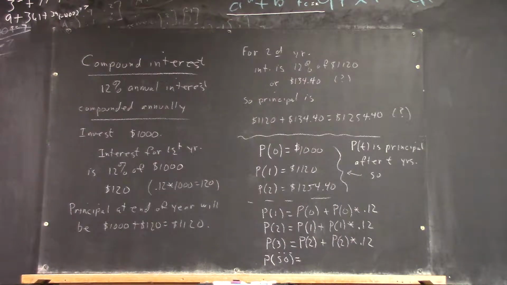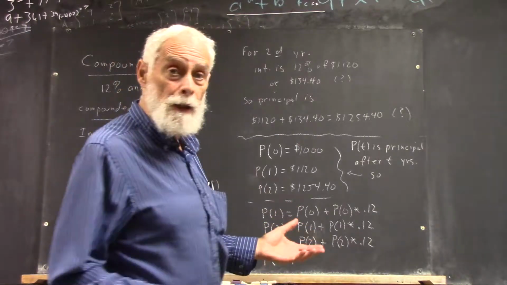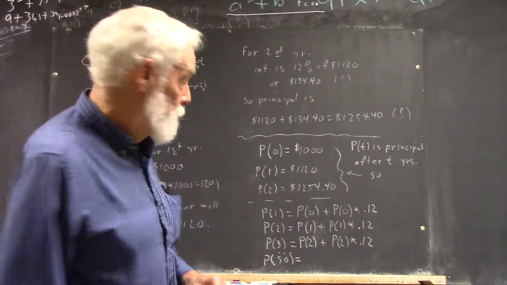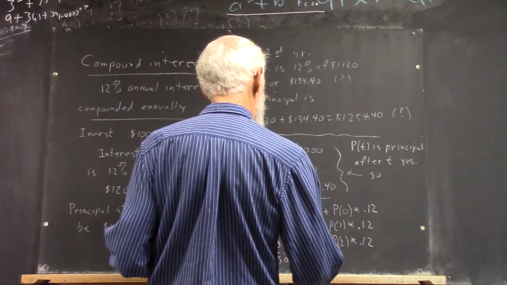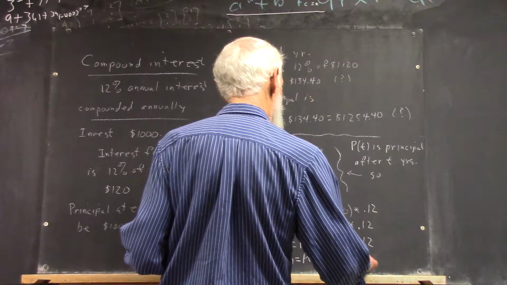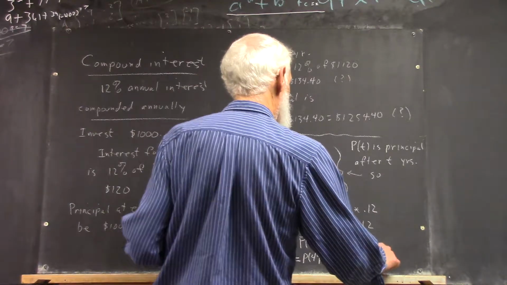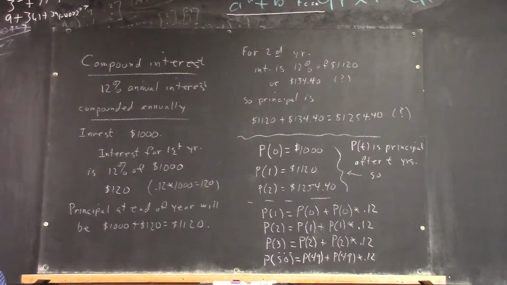Everybody I looked at had it right, so you see the pattern. P of 50 is P of 49 plus P of 49 times 0.12. Okay? Make sense?